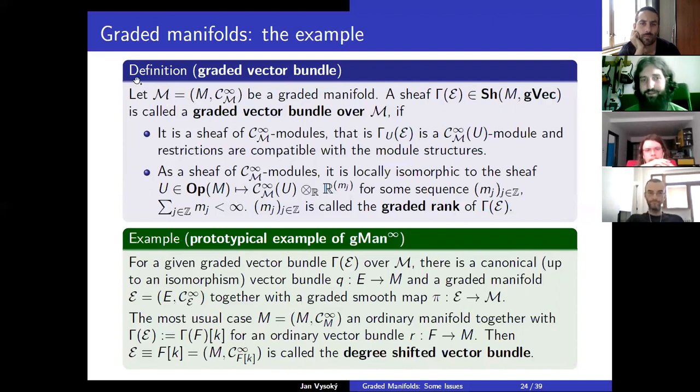So I don't start with a graded manifold. I start with an ordinary manifold M, which is of course a graded manifold, and I consider a graded vector bundle over it, and I construct a graded manifold out of it. And this graded Batchelor theorem says every non-negatively graded manifold is of this form, non-canonically, of course. This graded vector bundle is not uniquely determined.